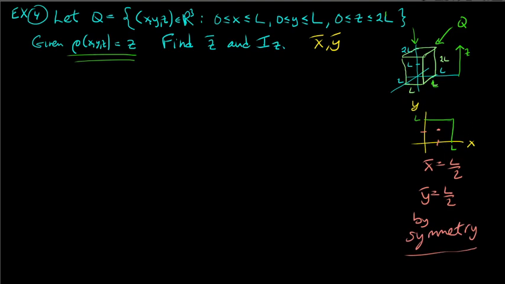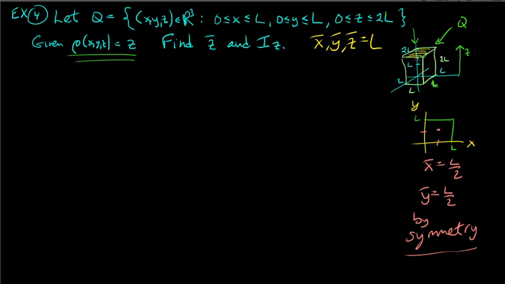Okay? Now, using symmetry, you might conclude, well, wait a minute, isn't z bar just going to be, since the height is 2L, just L? It would be right in the middle, right? Yeah, be careful because the density increases as you go up.